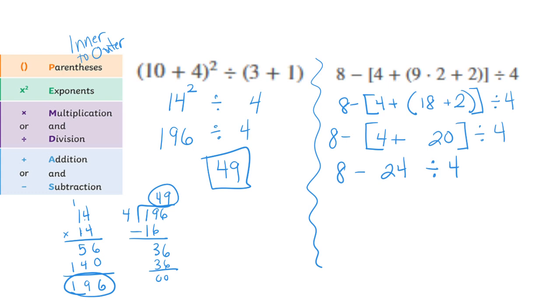I'm ready to do the multiplication and division step. And I see division, so I have 8 minus, and 24 divided by 4 is 6. And then 8 minus 6 is 2. All right, so that's about as messy as I can get it.